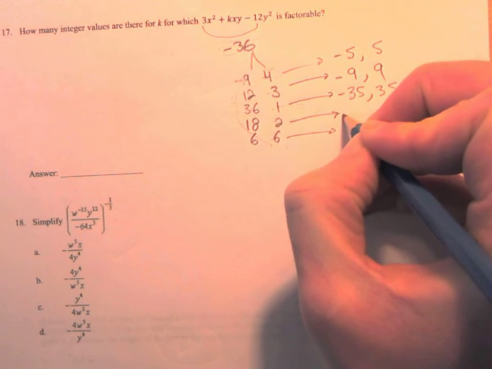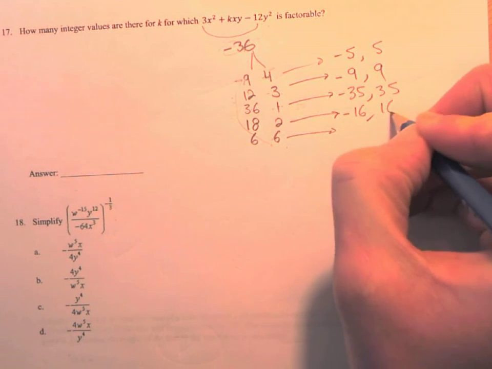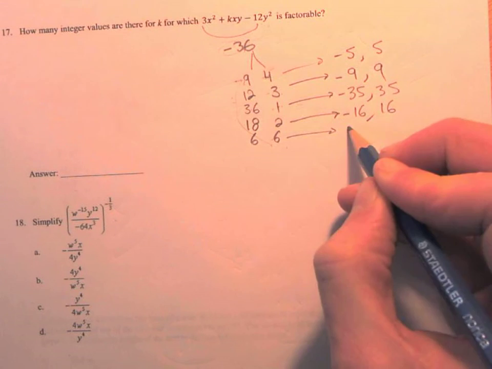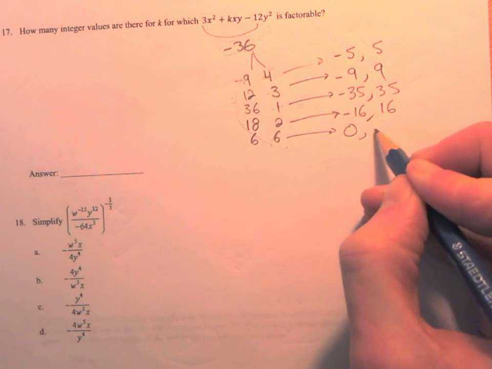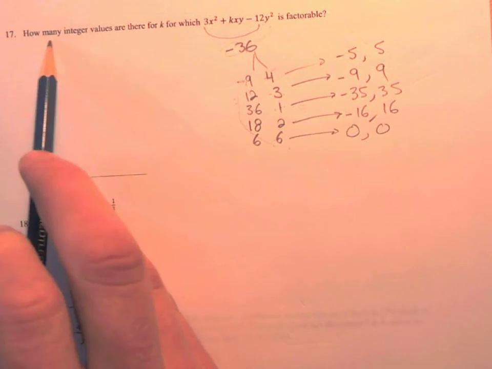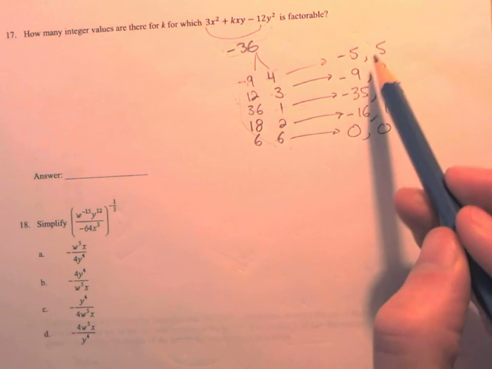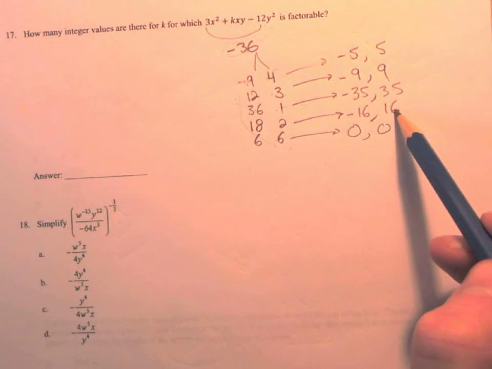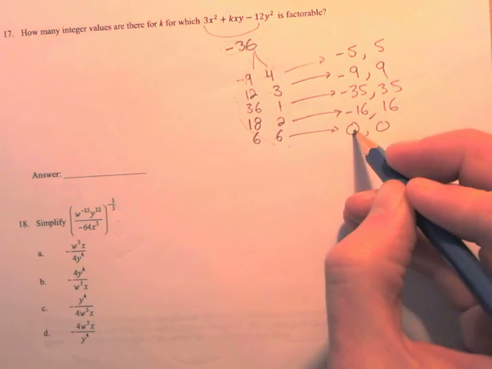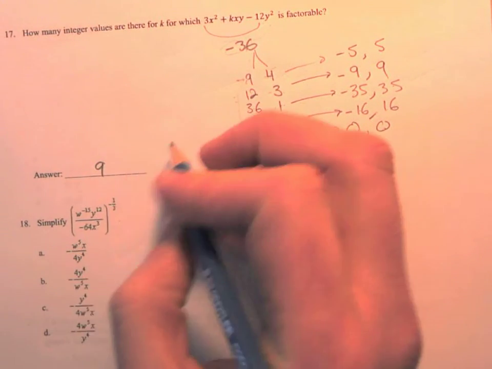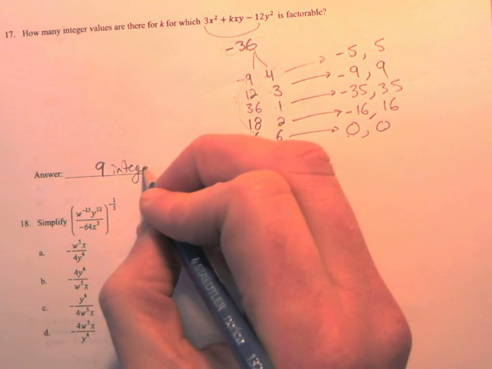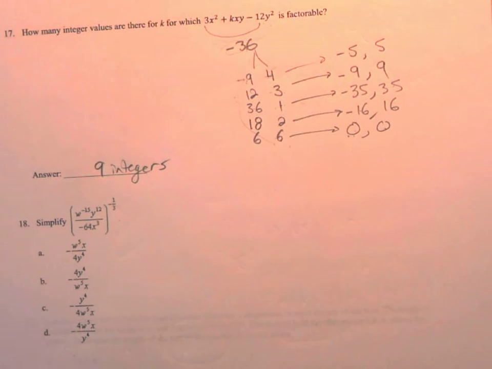This one will give us negative 16 or positive 16. This will give us 0 or 0. So how many integer values? 1, 2, 3, 4, 5, 6, 7, 8, 9, because that's counted twice. 9 integers would make that factorable.